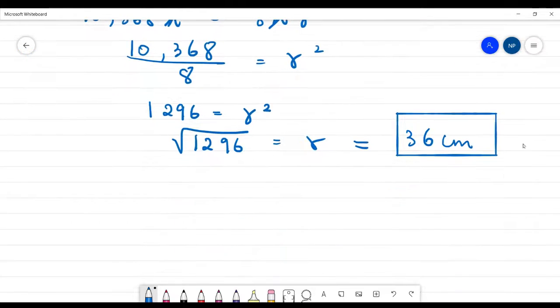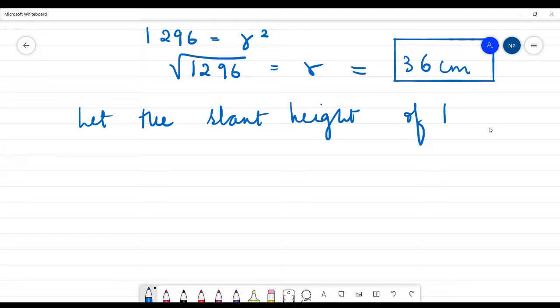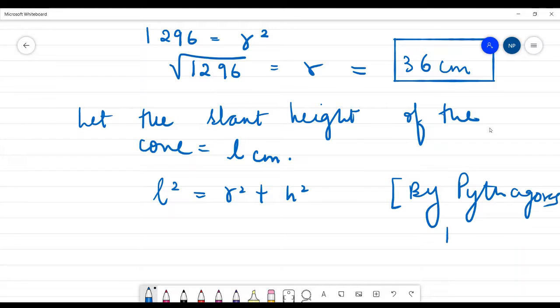We need just the slanting height of the cone, isn't it? So we will write: let the slant height of the cone be equal to L centimeter. So in a cone, we all know we can write L square equals r square plus h square, by Pythagoras theorem.